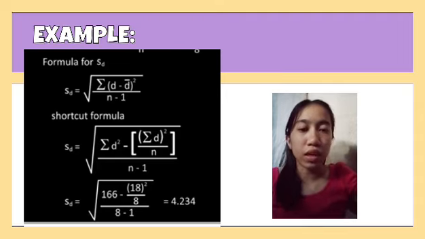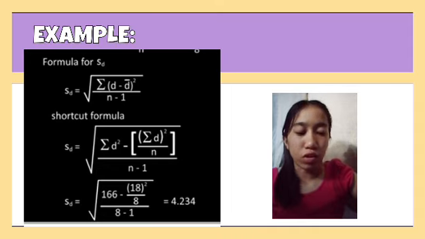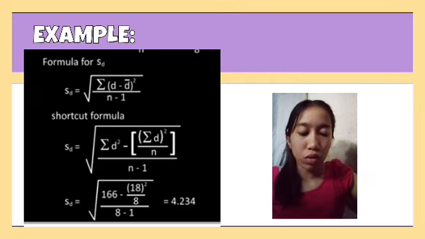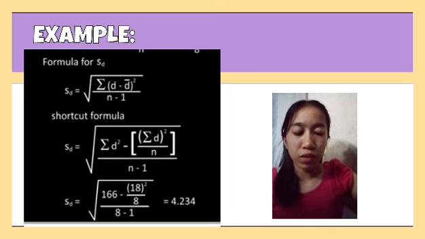After getting the sum of D squared, we can now compute the standard deviation. The formula for the standard deviation is the square root of the sum of D squared minus the sum of D raised to 2 divided by N, all over N minus 1, where N is the sample size.